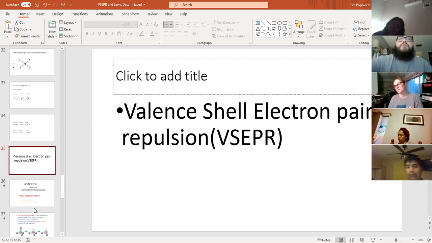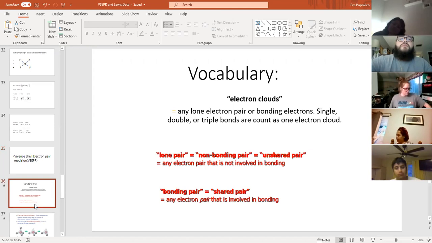So I got to get a little bit of vocabulary down. The first thing we need to determine is something called an electron cloud. An electron cloud is any lone pair or bonding electrons. Each lone pair counts as one electron cloud.